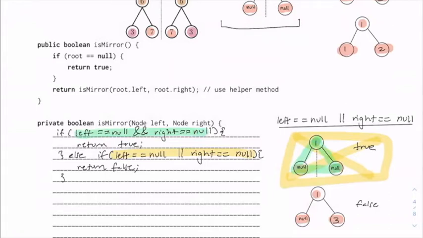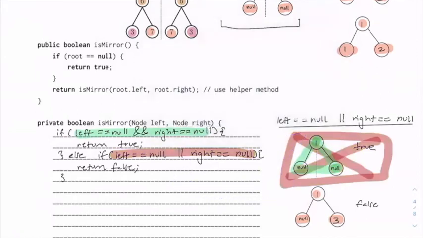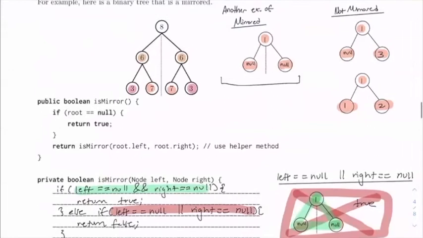Let me change some colors. Okay. And so now we have these two base cases out of the way, and we now have only the cases where neither children are null and they both have some value in them, and the children also might have children of their own.